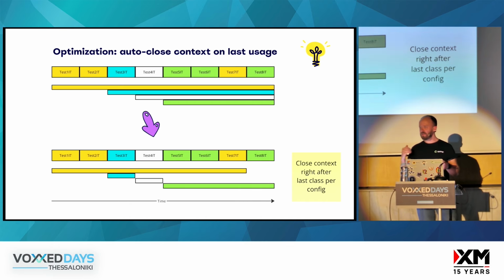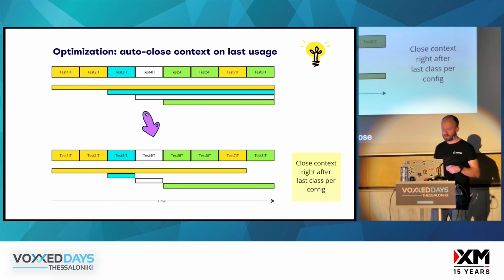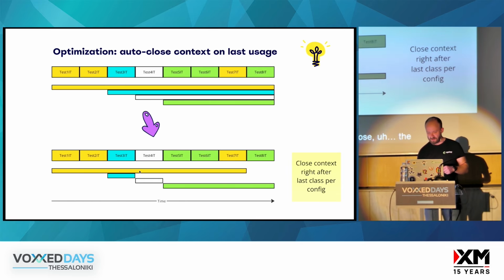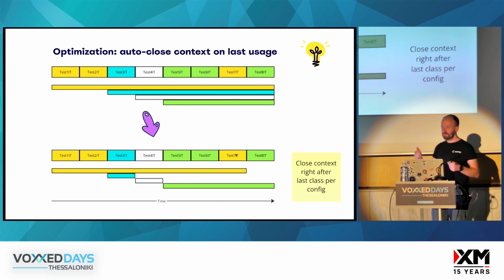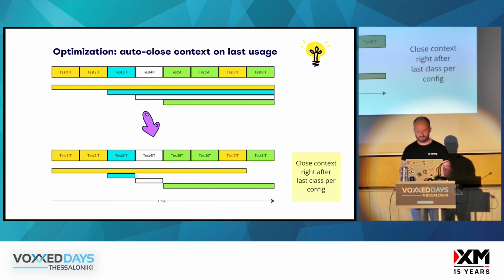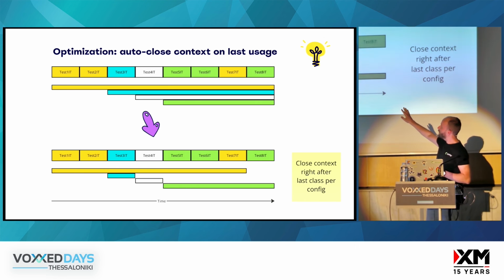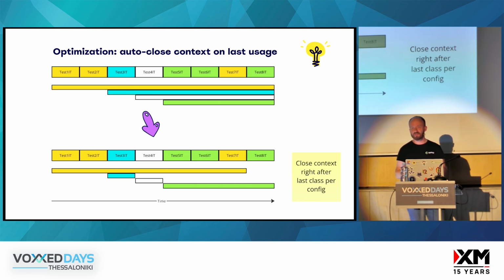So we can eagerly close the context after test 3. Same for test 4. But not for test 2, because we know that test 7, which is executed later, will need this context. So if we somehow implement this smarter context closing, you can see that the average number of active Spring contexts is already better than the original one.